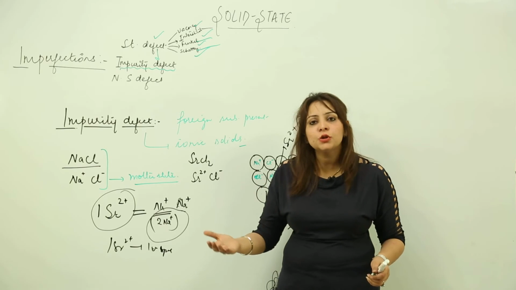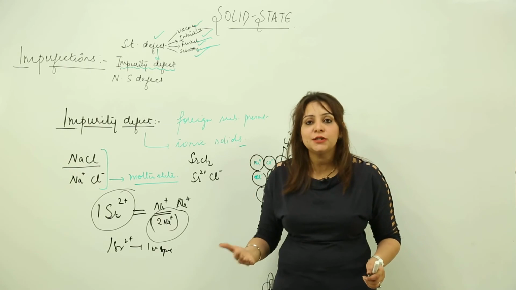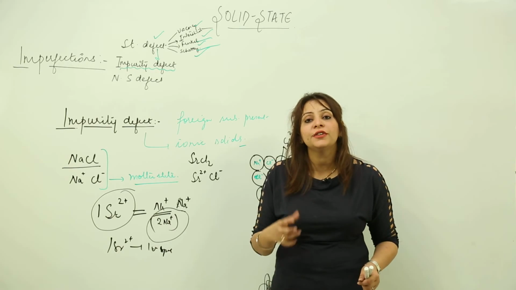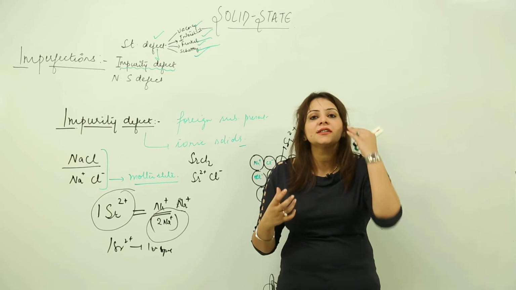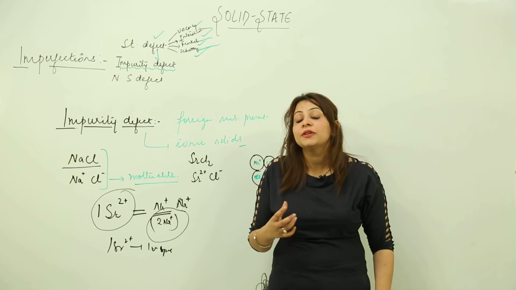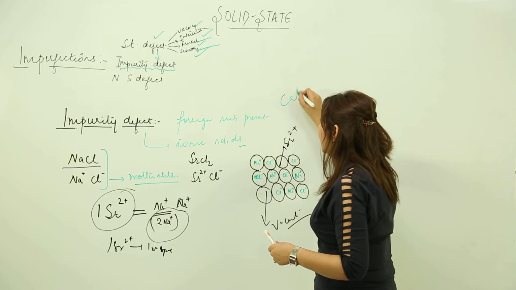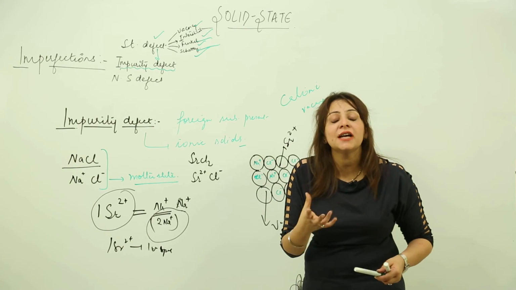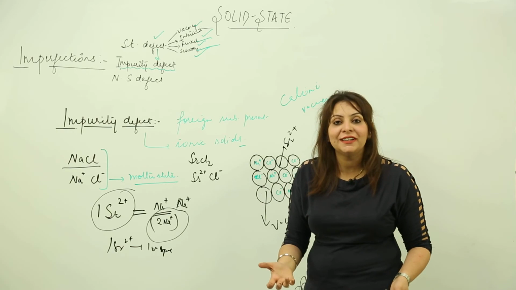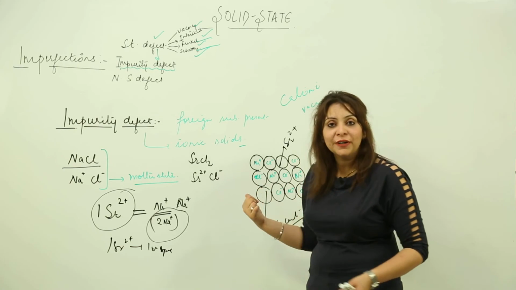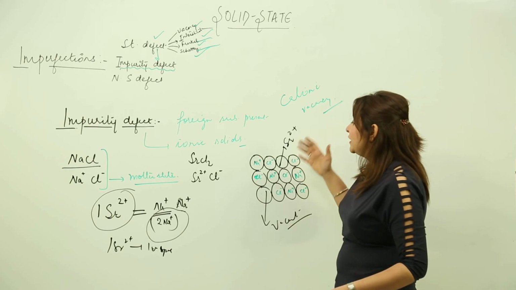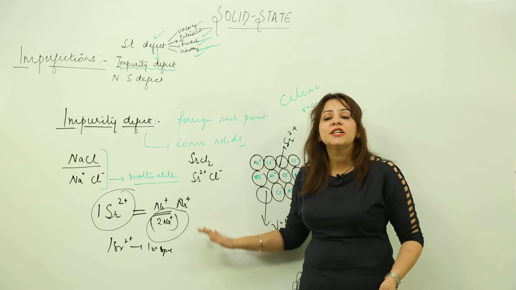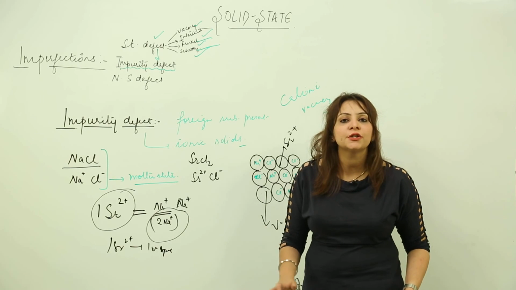So it will displace those cations, but it is not going to occupy both positions, one of the places is left vacant, so it will create vacancies at certain places. These vacancies are called cationic vacancies, because they are created by the removal of cation and not occupied further by a cation, since only one strontium can occupy one place at a time. So this is the impurity defect. I think it's clear. This is how you are going to explain it when you get a question related to impurity defect.